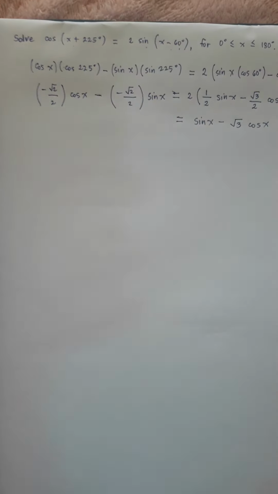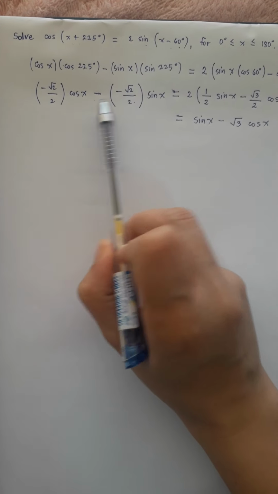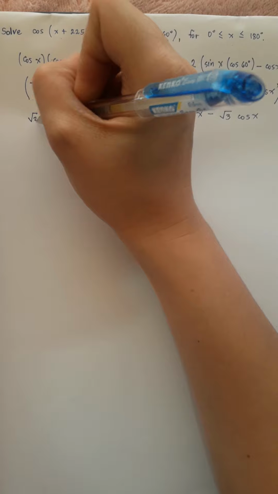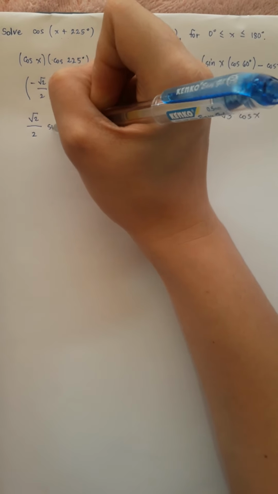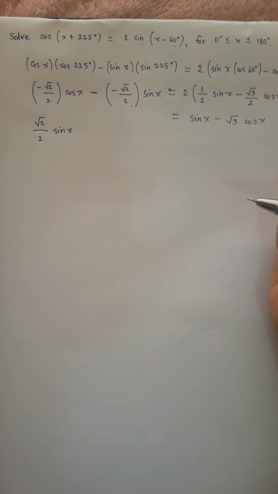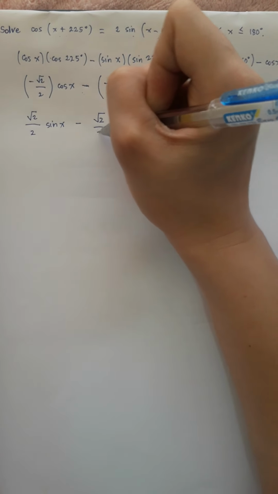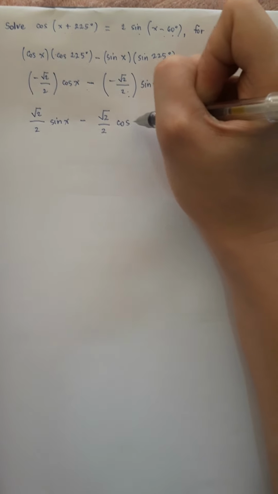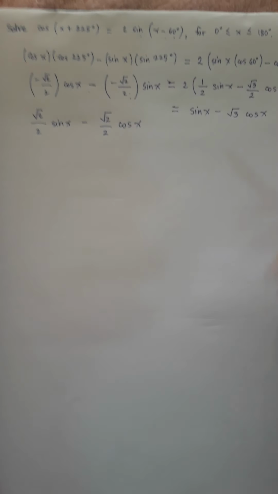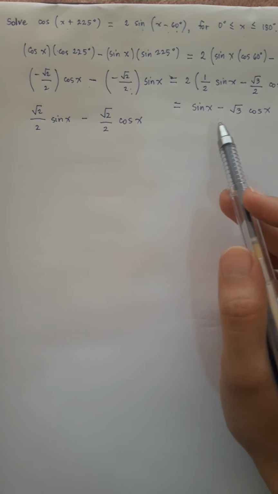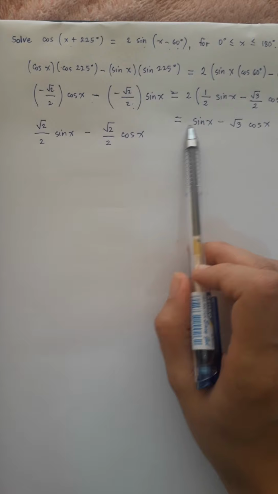And then the left side can be simplified as, so this becomes positive square root of 2 over 2 sine x minus square root of 2 over 2 cosine x. Oops, it's not aligned. Anyway, this goes here. Okay.